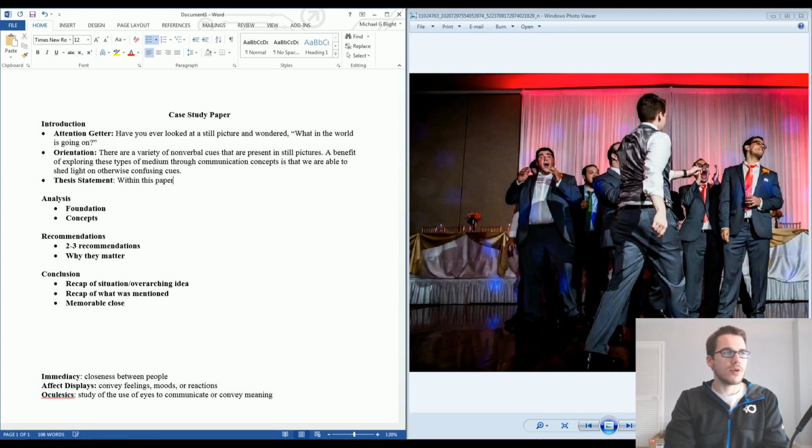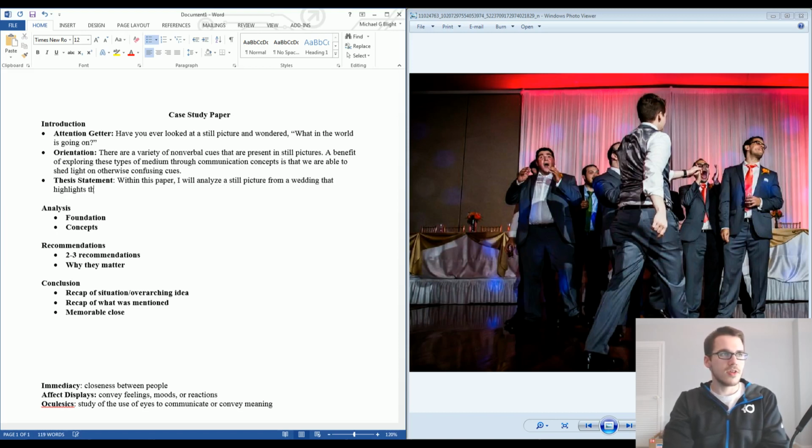Within this paper, I will analyze a still picture from a wedding that highlights 3 communication concepts: immediacy, affect displays, and oculesics.